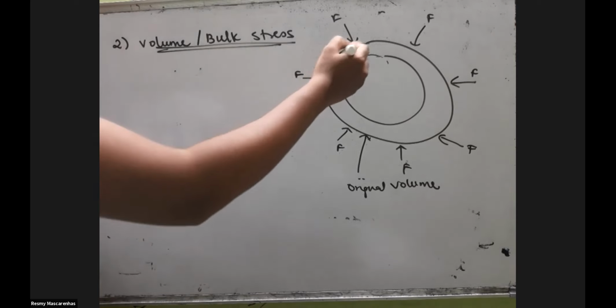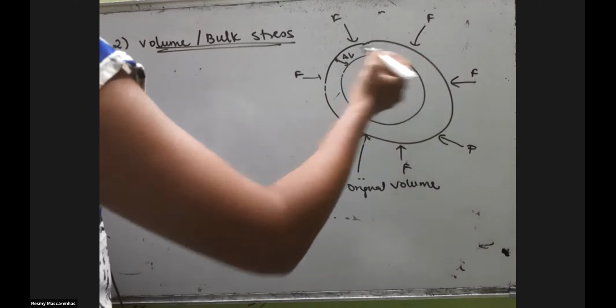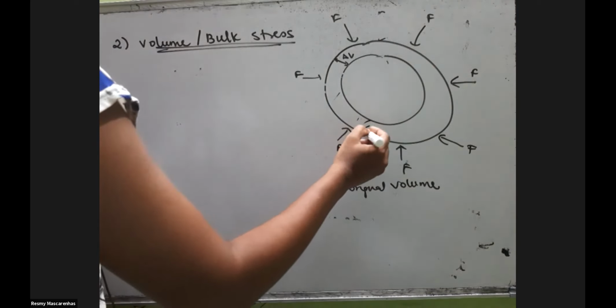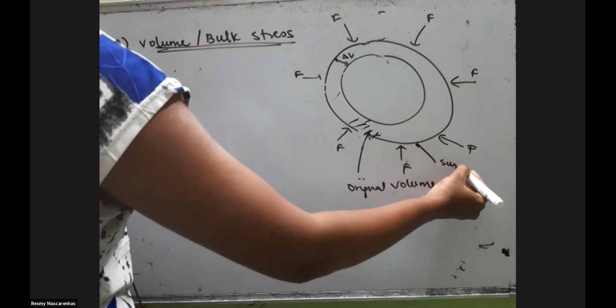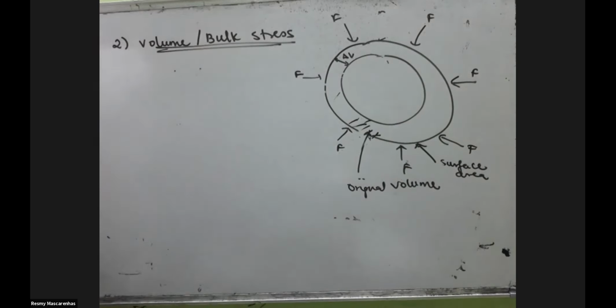Original volume means the entire space that is filled up, and this outer part is called the surface area. See, if you have a football, whatever air is filled inside is the volume, but the outer area that you can see is called the surface area.